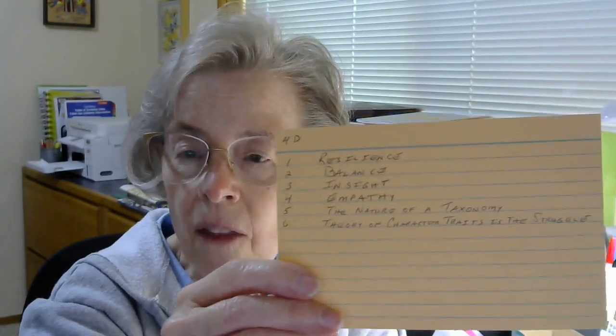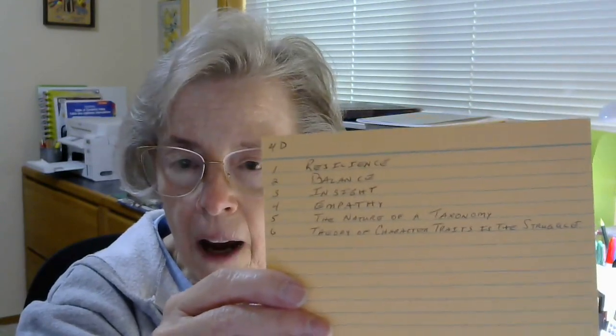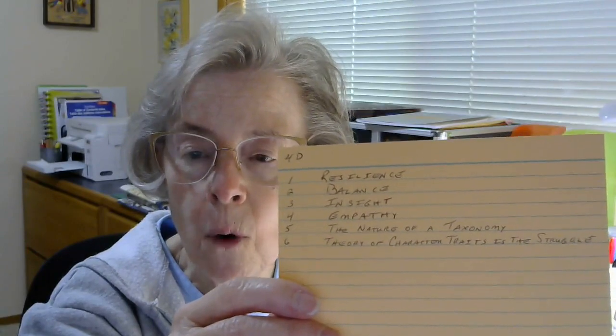And we added another card on the nature of a taxonomy, which came out of the Peterson and Seligman book. And we did that before. Now we're going to add another card, and this card is on the theory behind the character traits.